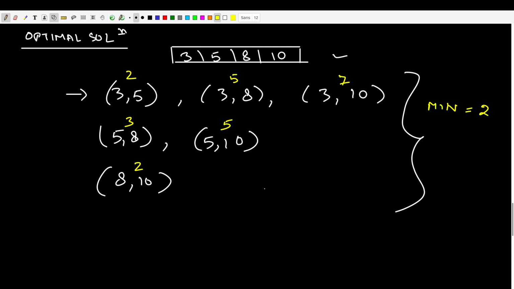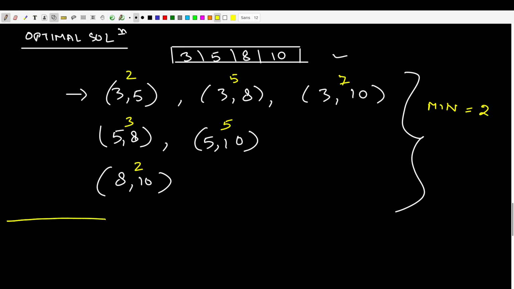So we understand that in order to solve this problem, we have to generate all possible pairs rather than all possible sub-arrays or all possible arrays. We just have to generate all possible pairs and operate on them to get the minimum height. Okay, so that portion we understood. Now let us see if we can further optimize it.